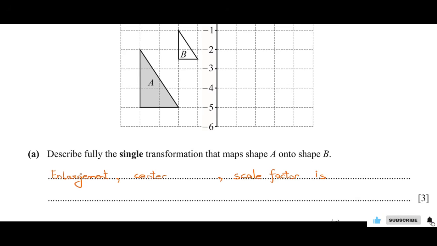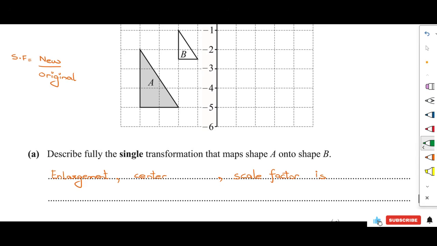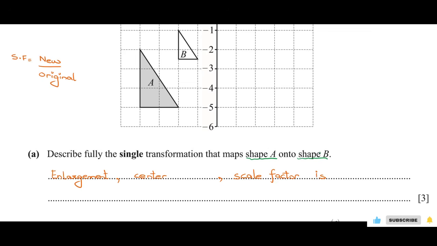Okay, so let me figure out the scale factor first. The formula for the scale factor is the new shape divides the original one. Here you guys can see the new one is B, and shape A onto B. Yes, A is the original one and B is the new one, right?